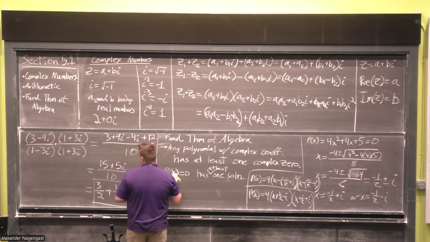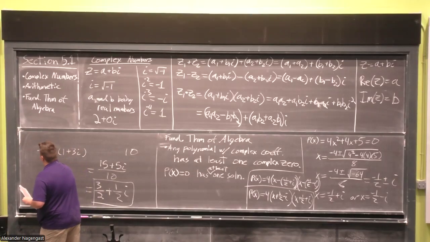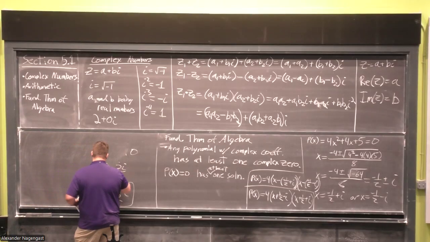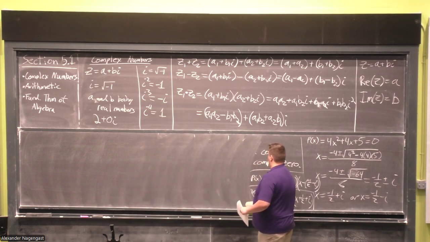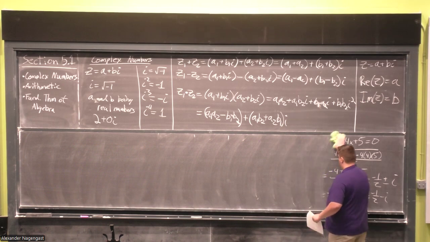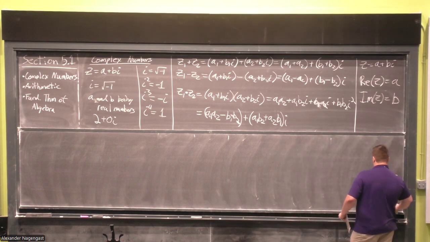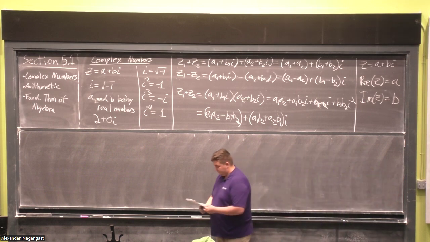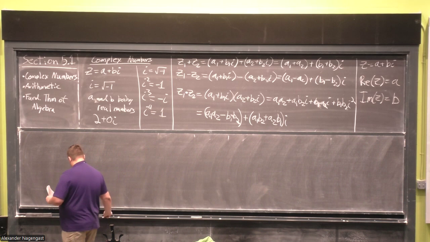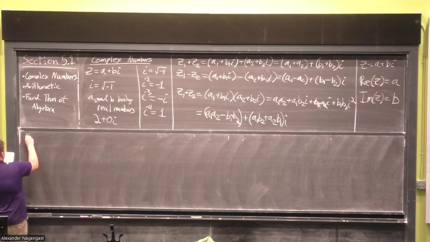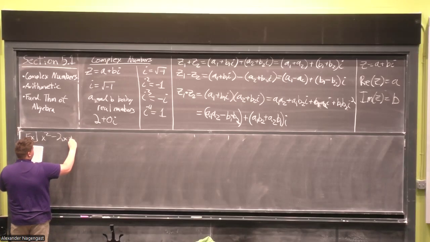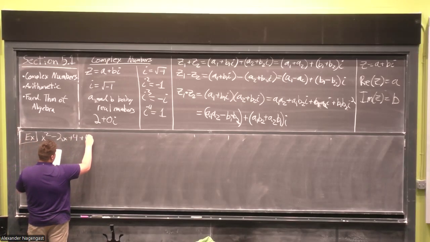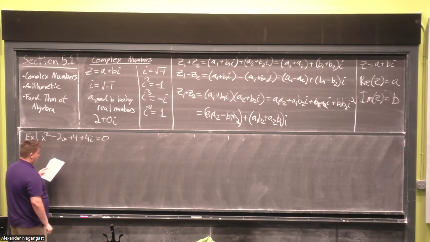Okay, so let's get an example of where we have to solve a complex function. So we have x squared minus 2x plus 4 plus 4i equals 0.